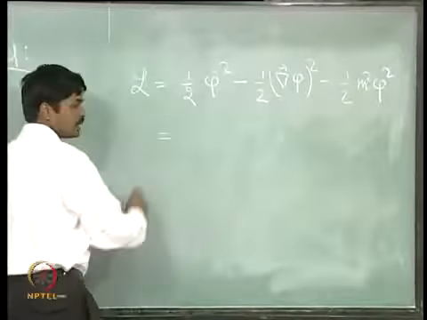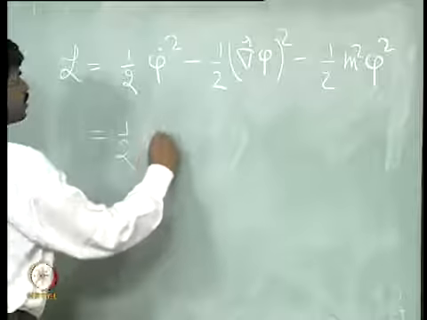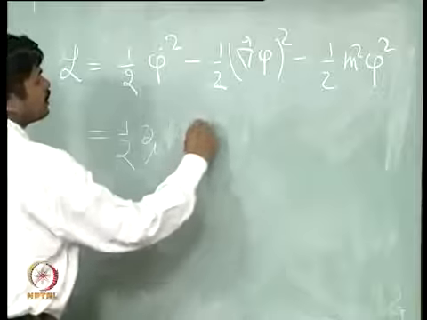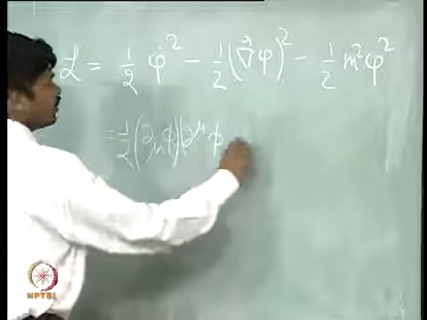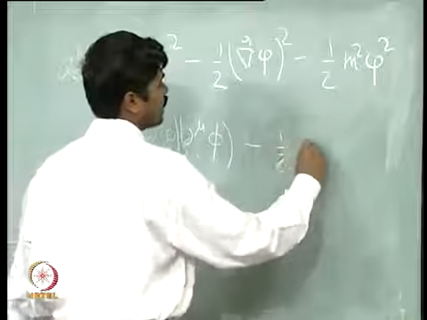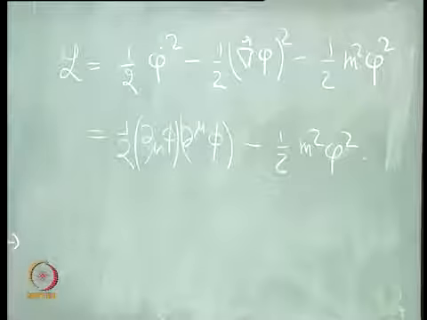You can rewrite this as half del mu phi del mu phi minus half m square phi square. All right.